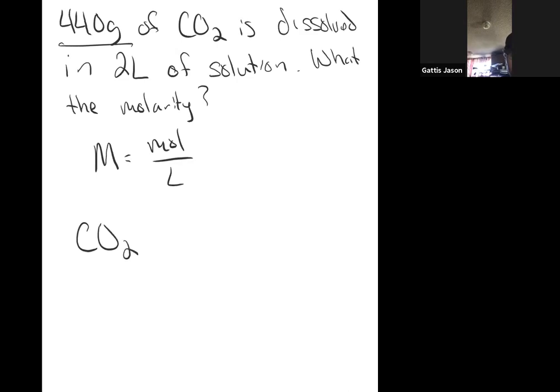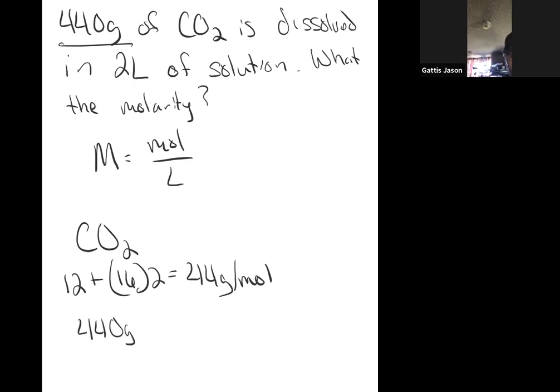CO2 has a molar mass of 44 grams per mole. We get that by saying carbon is 12, oxygen is 16, but there's 2 of them. That comes out to be 44 grams per mole. So I could divide 440 by 44, and it gives me 10 moles.